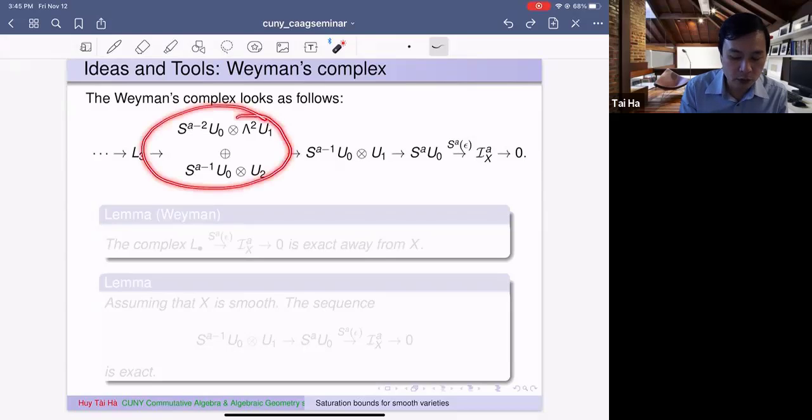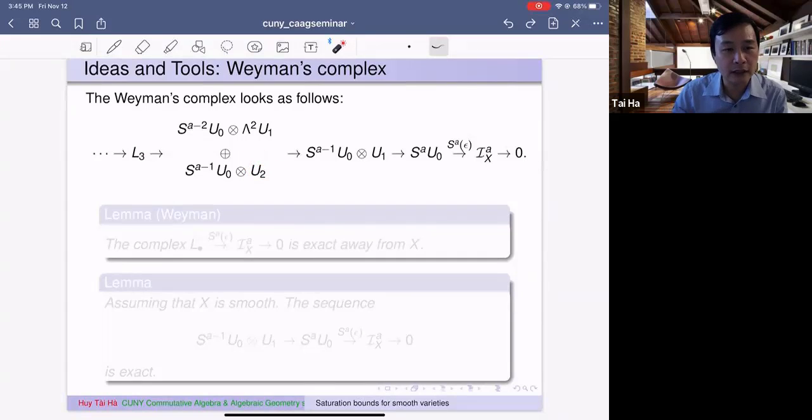The next term will consist of two terms, where you take the symmetric power of U0 and then the exterior power of U1, or you take the symmetric power of U0 and then also the symmetric power of U2. So remember that for even index you get symmetric power, and for odd index you get exterior power. Of course, it goes on to L3 and L4, etc., but the later terms are a lot more complicated and involve more terms.